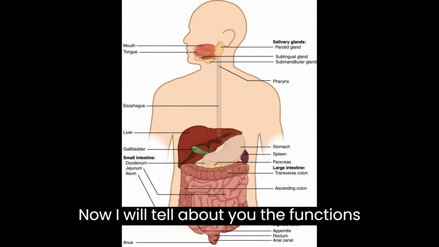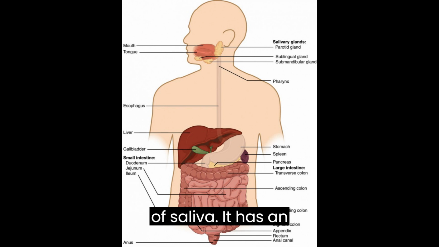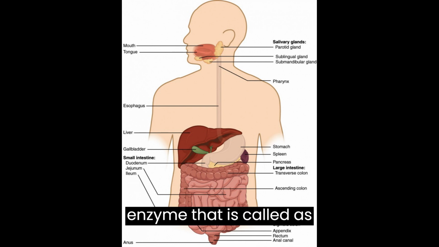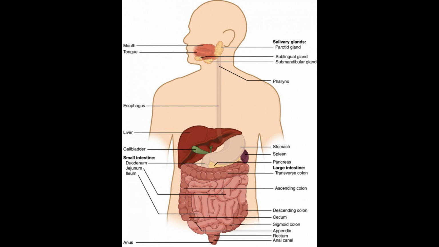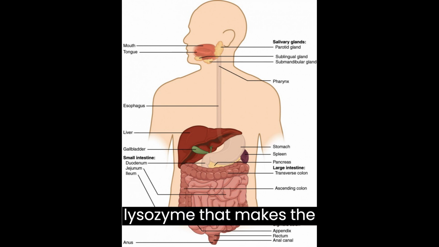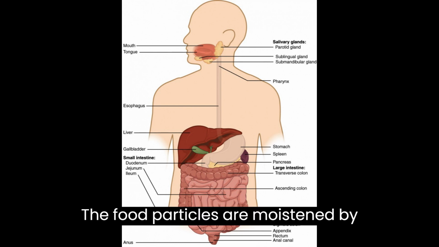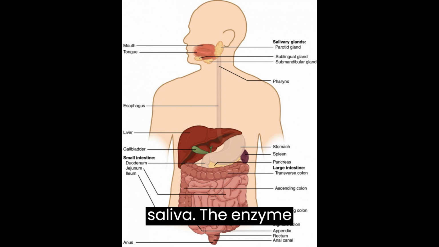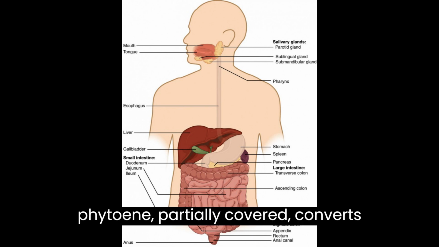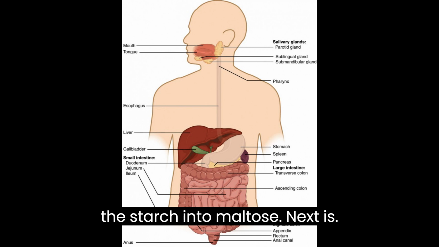Now I will tell you the functions of saliva. It has an enzyme called lysozyme that makes the saliva bactericidal and protects the teeth against cavities. The food particles are moistened by saliva. The enzyme ptyalin partially converts starch into maltose.